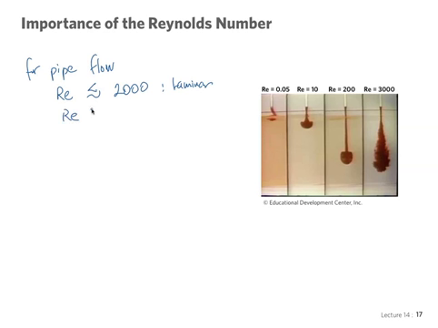And when the Reynolds number is greater than about 2000, more or less, it's approximate, there are many situations that could come into play, like environmental situations and so on, then the flow is more likely to be turbulent. So there's always this critical value.